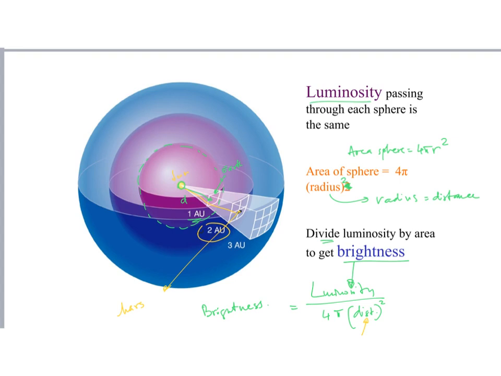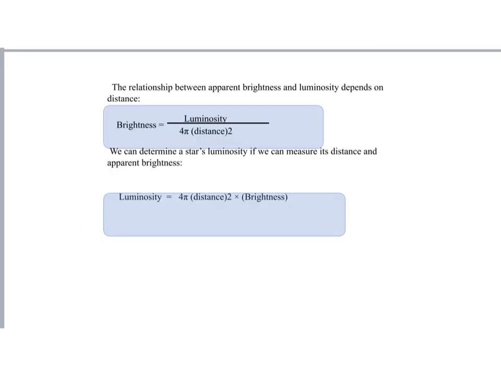So basically from Mars, the Sun is going to appear weaker. How much weaker? By a factor of 2 squared. So to summarize, here are the formulae we wrote in the previous slide. So again, this is distance squared.